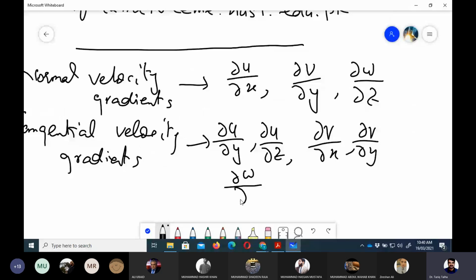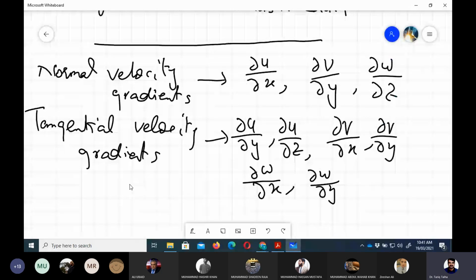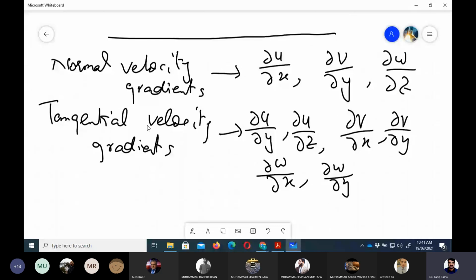So for the linear deformation, the necessary condition is that we need to have normal velocity gradient. And for the rotation and angular deformation, we need to have tangential velocity gradient.